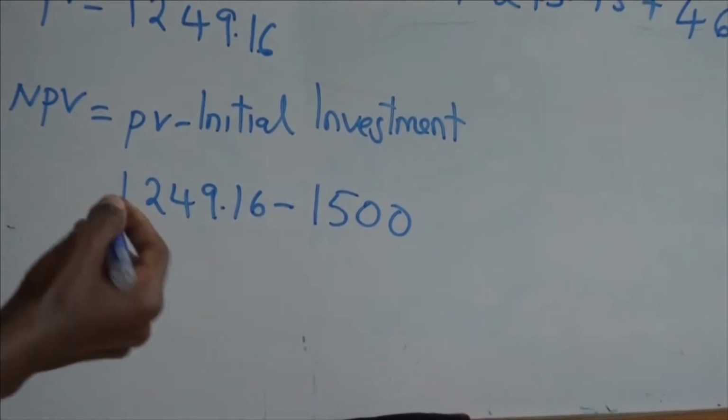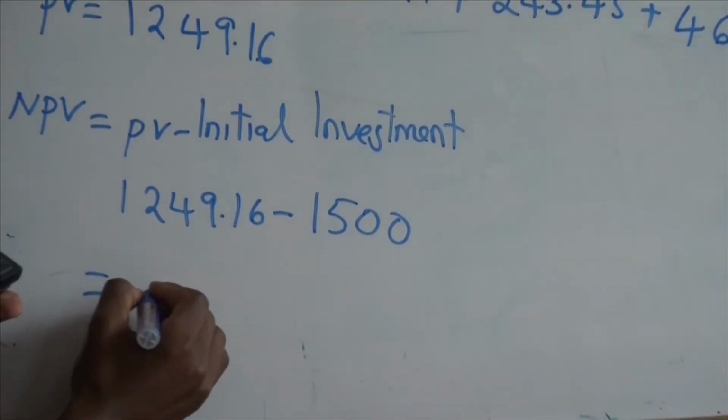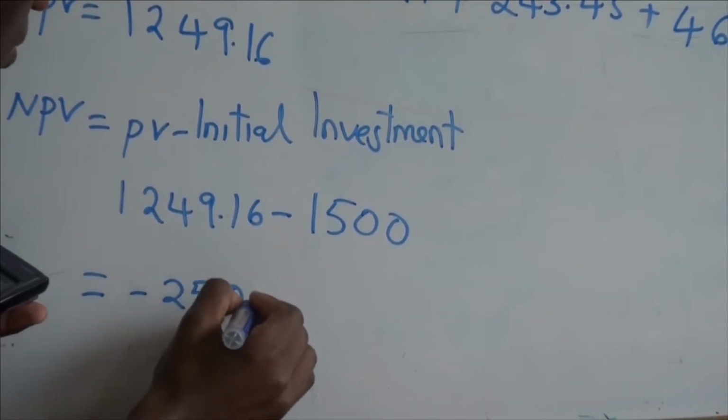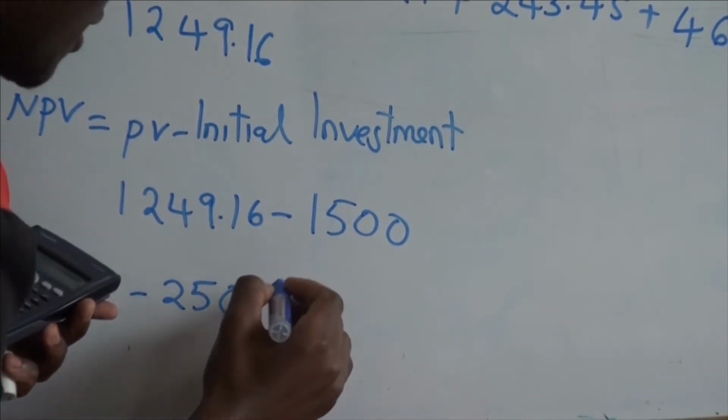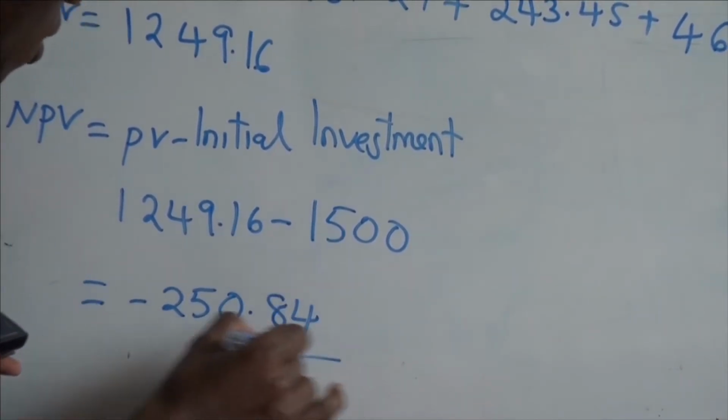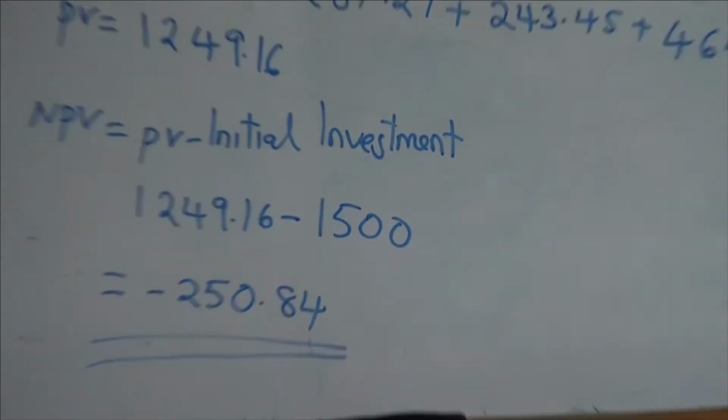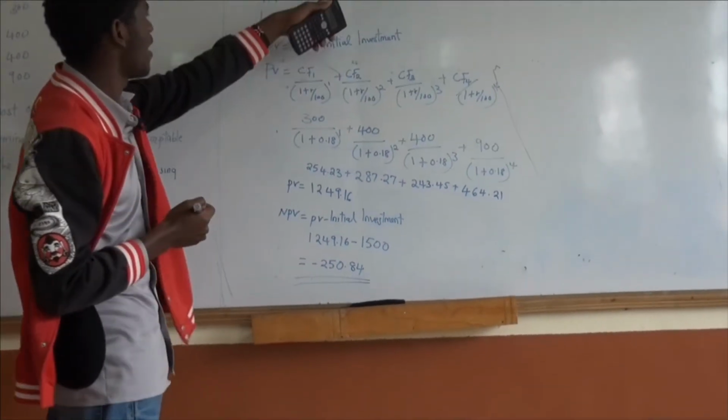We get our answer to be negative 250.84. So this is our net present value of higher rate.